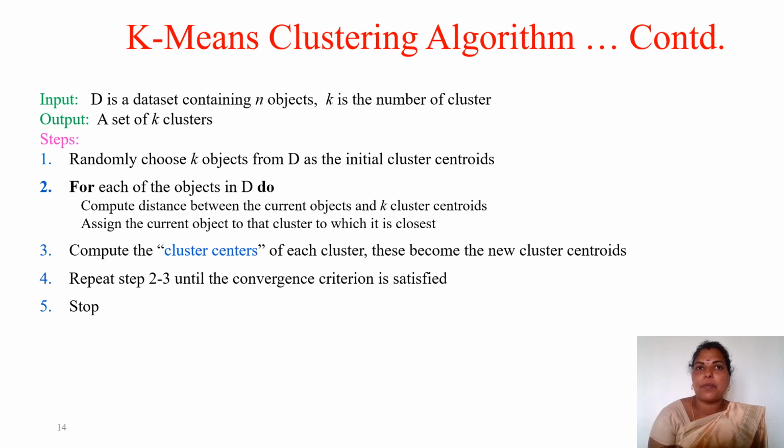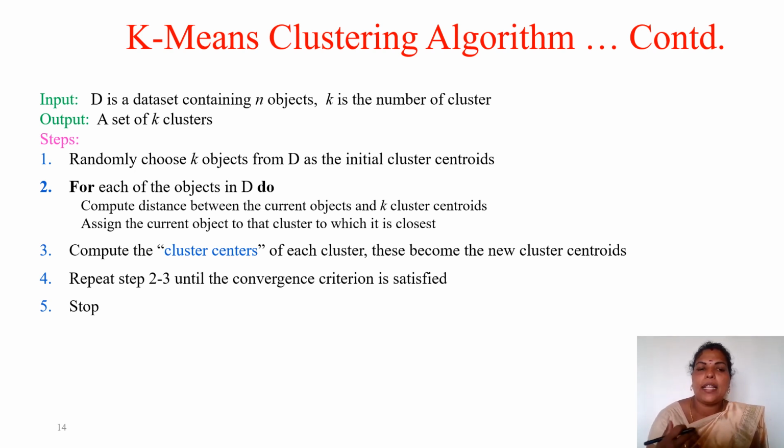Say for example, suppose we have 10 records, and 3 records are grouped into cluster 1, 5 records into cluster 2, and another 3 records into cluster 3. Then we have to find the mean of the records in cluster 1, then the mean for group 2, then the mean for group 3. Likewise we find the cluster centers. Compute the cluster centers of each cluster, and these become the new cluster centroids.